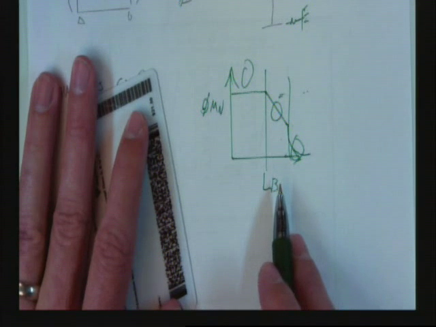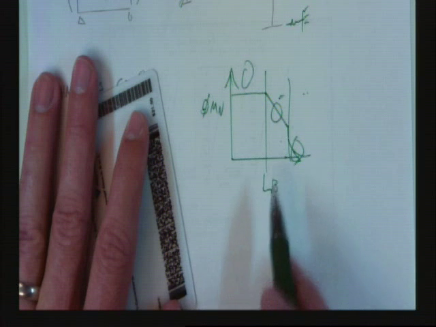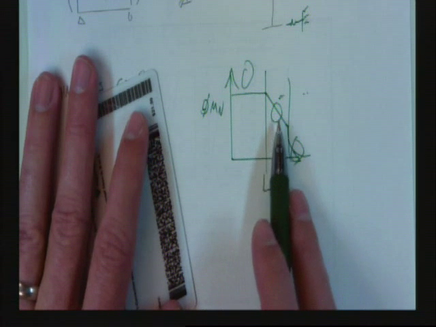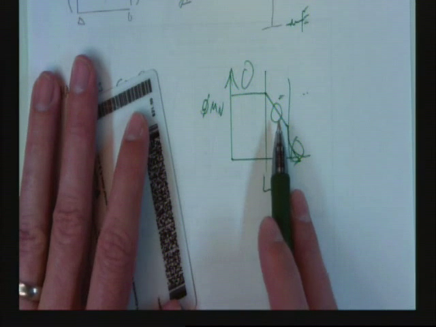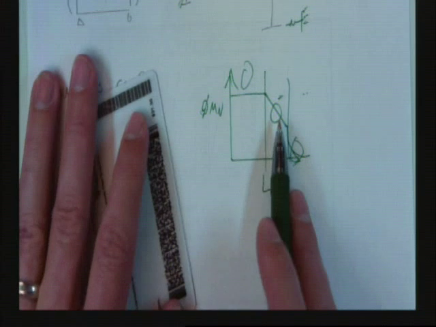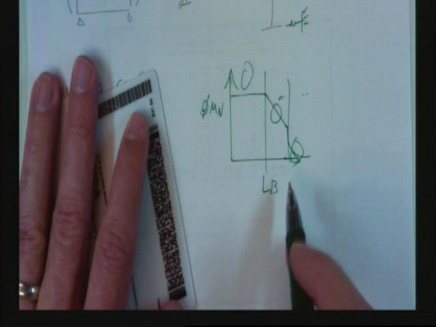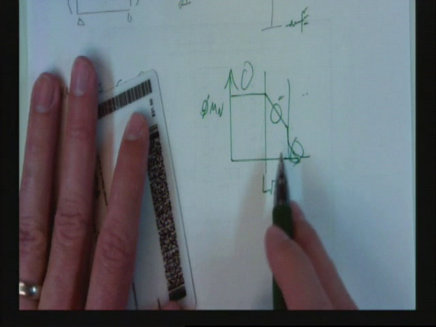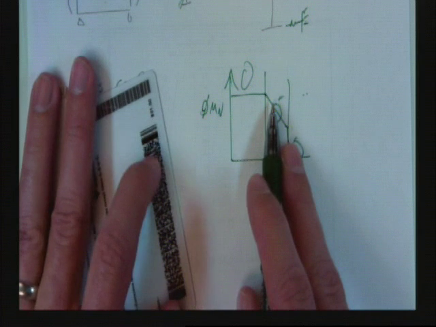No. So does the C_b factor make our capacity go down or up? Always up. How high can it make it go? It can never, ever go higher than phi M_p. Ever.